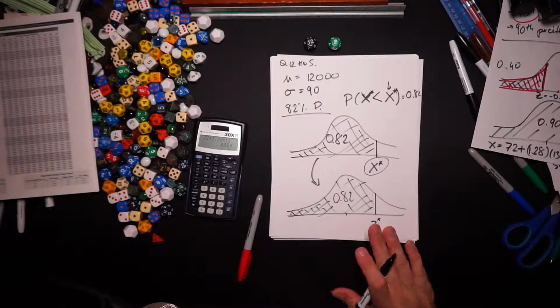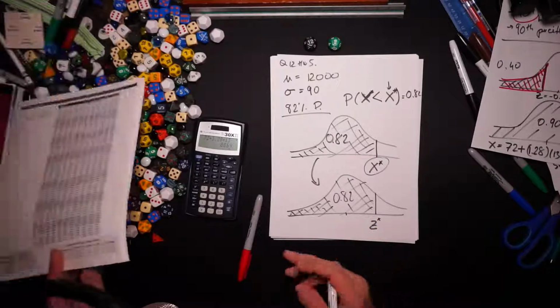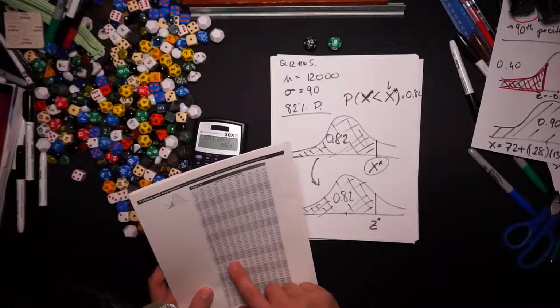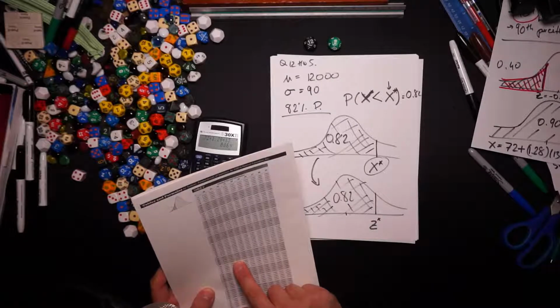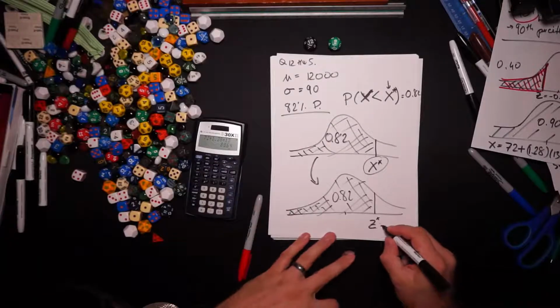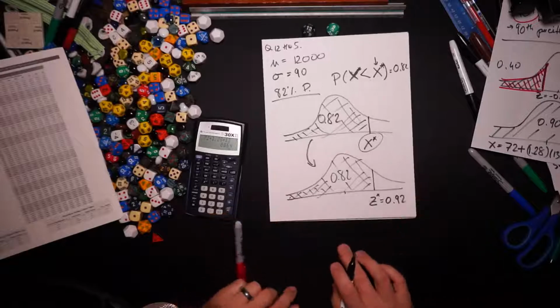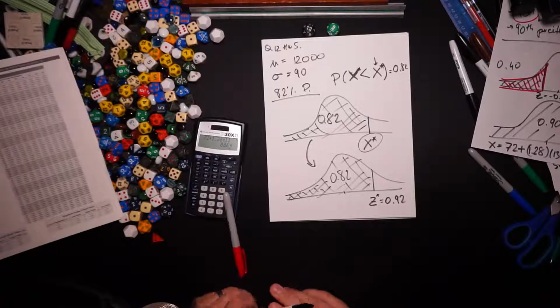And again, if you look up the z for 82%, 0.92, you will get this.